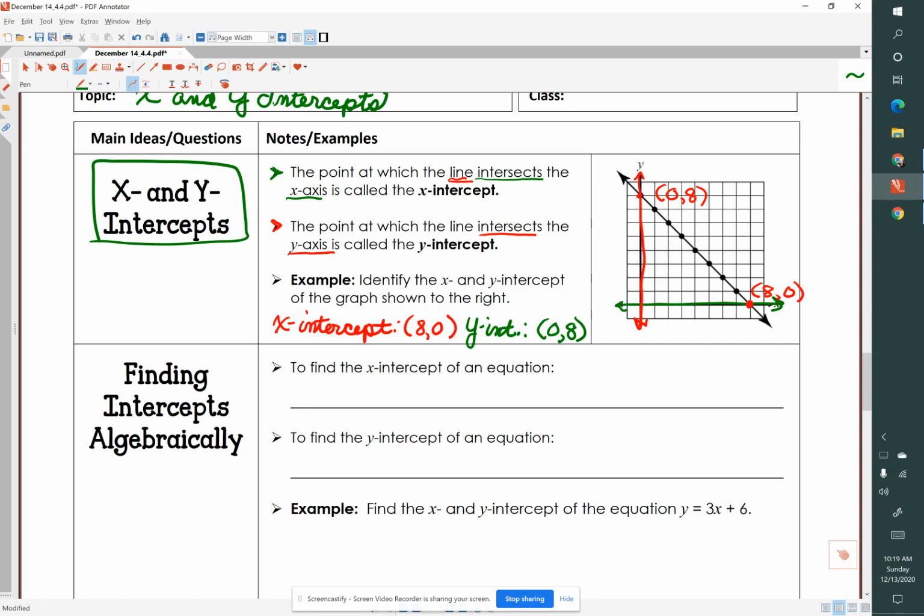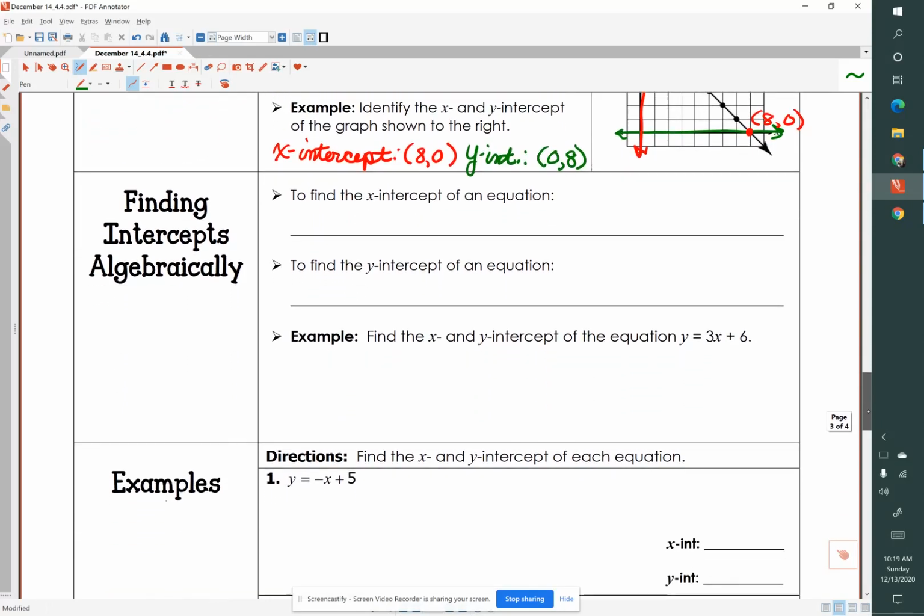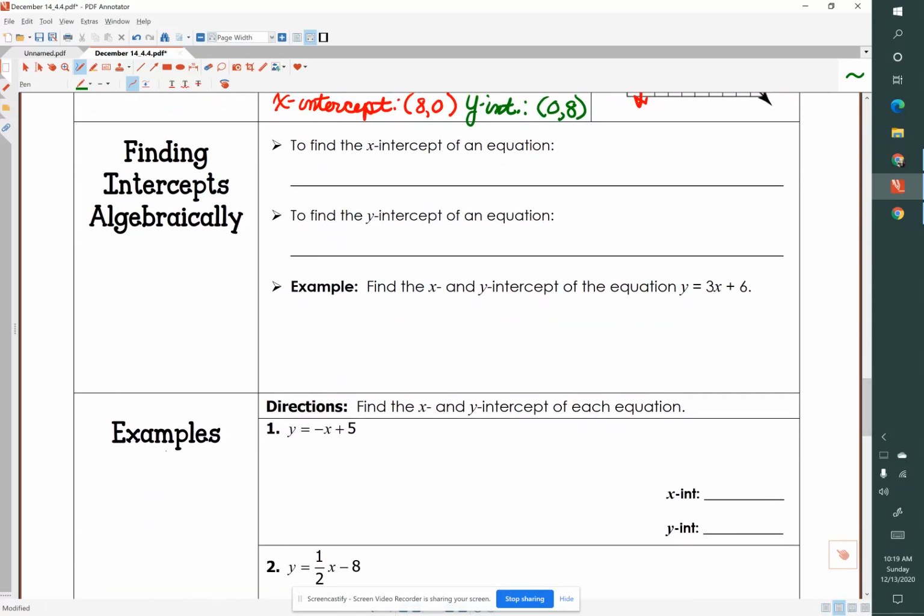So now that's how we look at a graph and identify where that graph crosses the x-intercept and the y-intercept. Remember, these are not zeros of an equation, so don't get confused with zeros of an equation. Zeros of an equation are only x-intercepts. So we can find the x-intercepts algebraically. We don't just find them by looking at a graph.